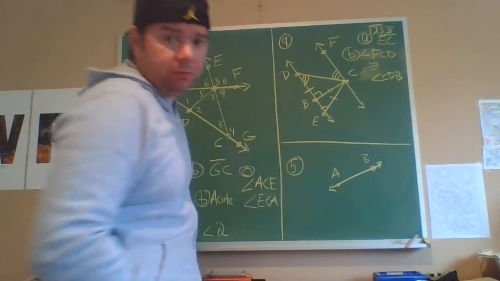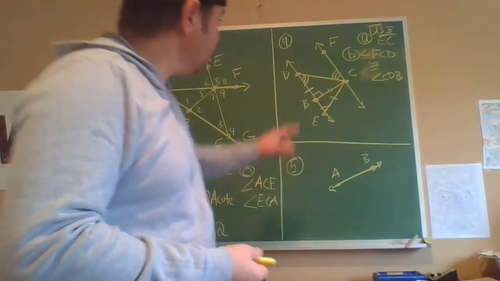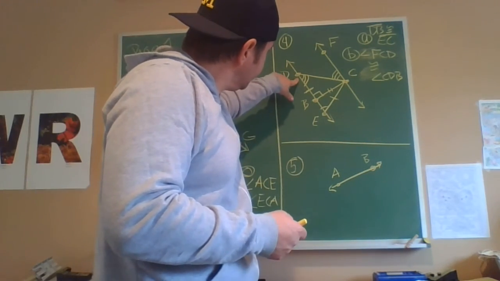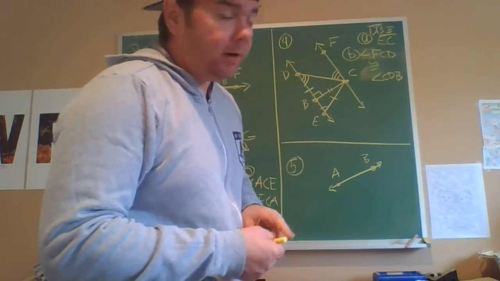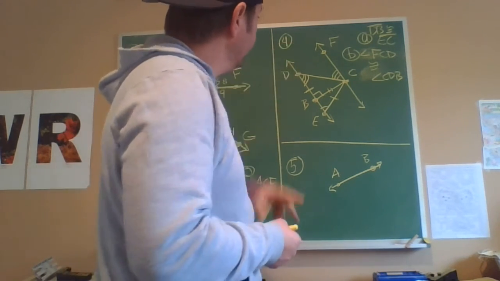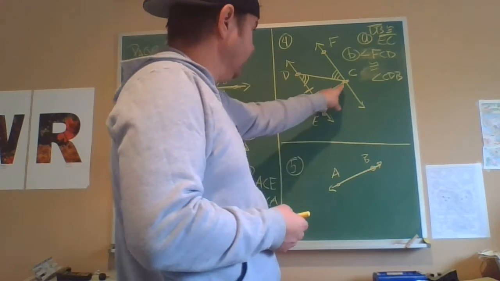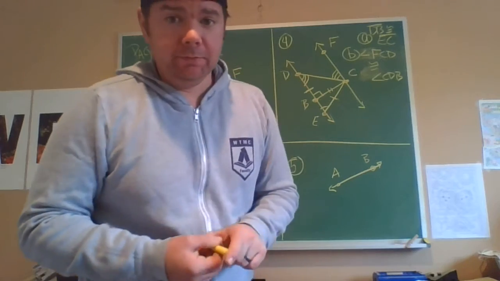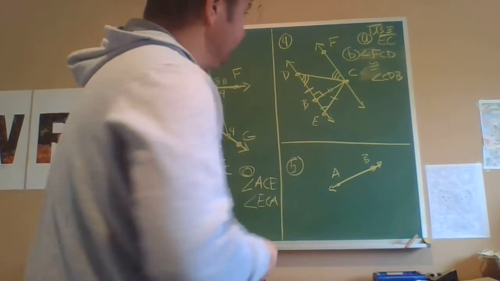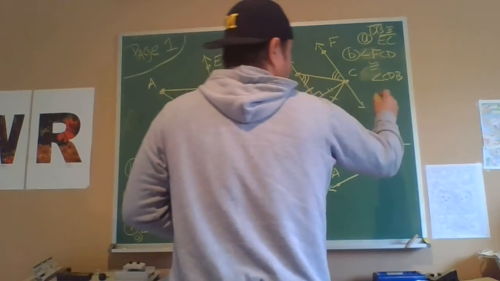Okay, and I have to use all 3 letters when I name those angles because there's multiple, like I couldn't just call it angle D, right? Because there's another angle over here that I could be referring to, and I couldn't just call this angle C because there's lots of angles that have the vertex C. Okay, so there's the answer for part B.